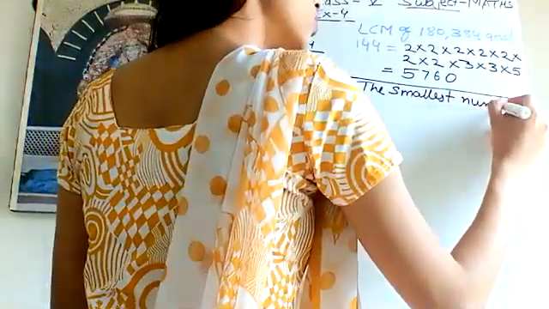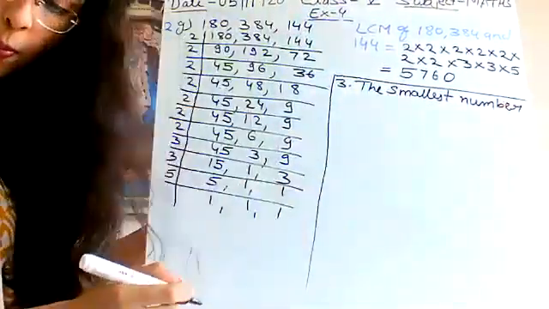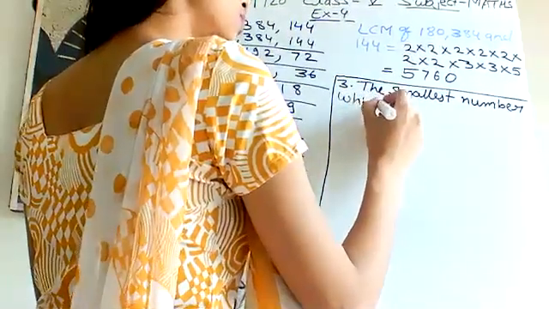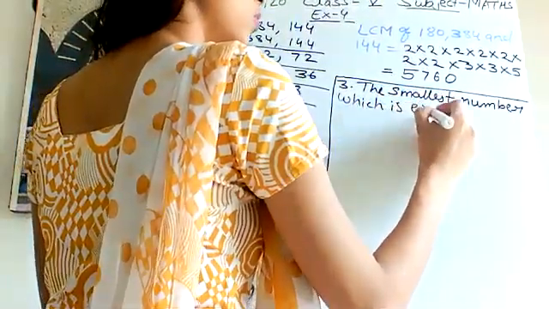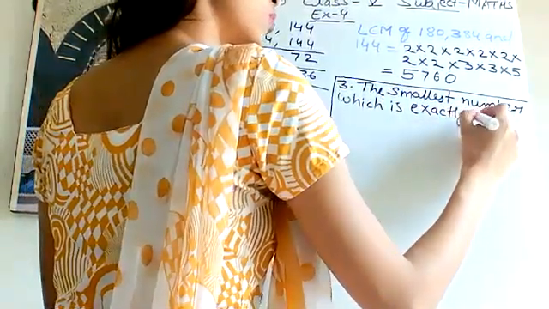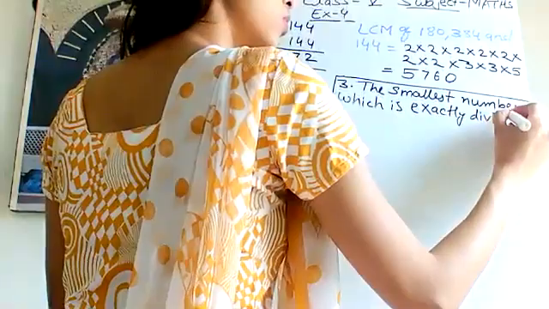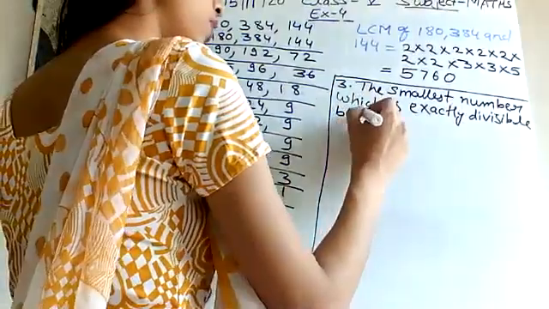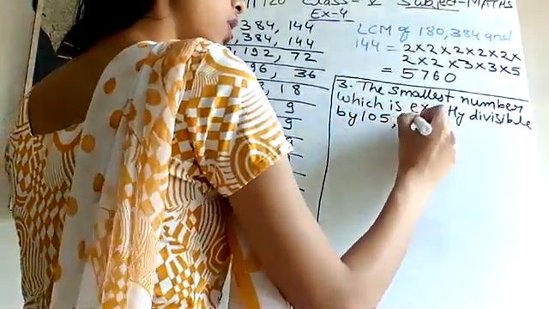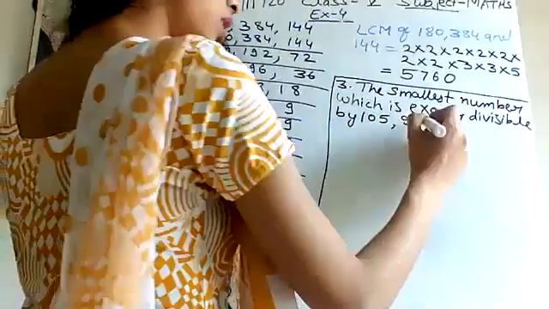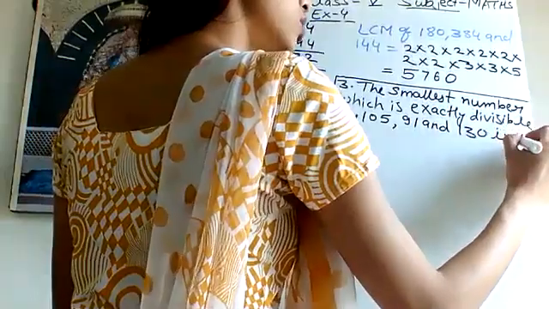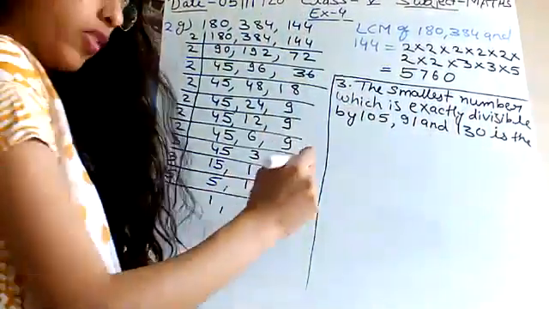The smallest number which is exactly divisible by 105, 91 and 130 is the LCM of these numbers.